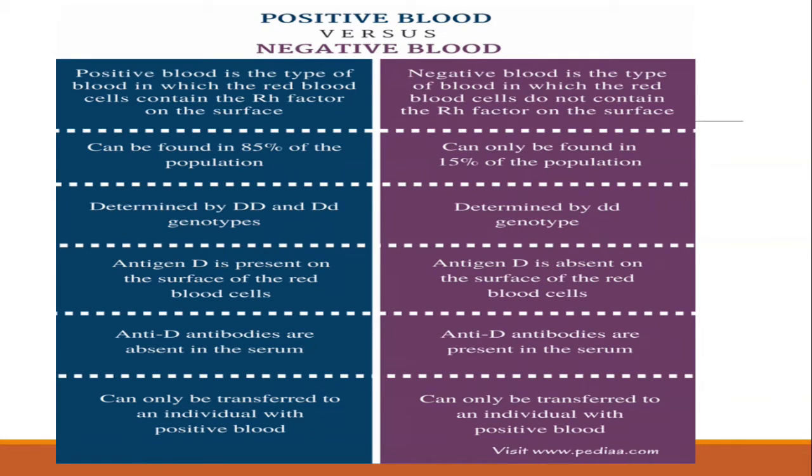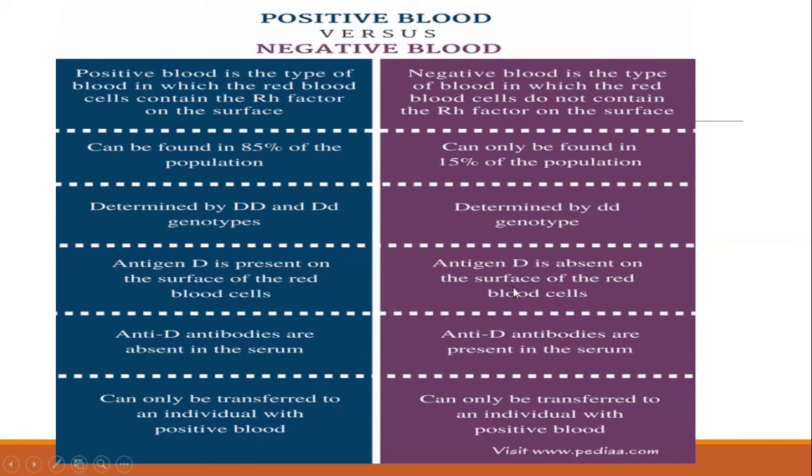If D and small d are present, it is also RH positive because D is the dominant character, while it is determined by the small d genotype that the antigen D is absent. I have discussed it. In RH negative, antigen D is not present.